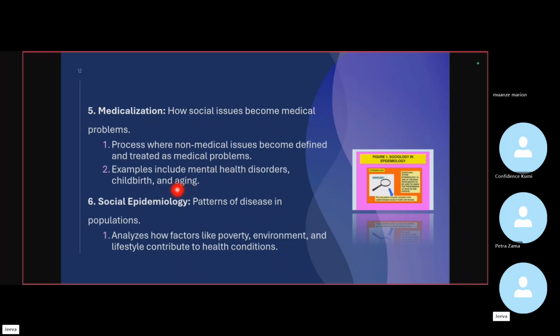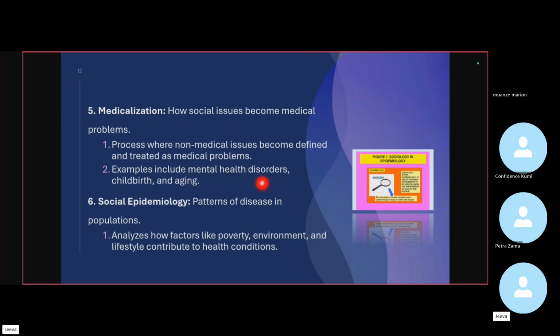Again, aging, that is also a natural process. In aging, people will come across various diseases, infections. So again, that is a non-medical issue coming to the hospital and becoming a medical problem. So this is the fifth main key concept of sociology, like how non-medical or natural issues end up as a medical problem.